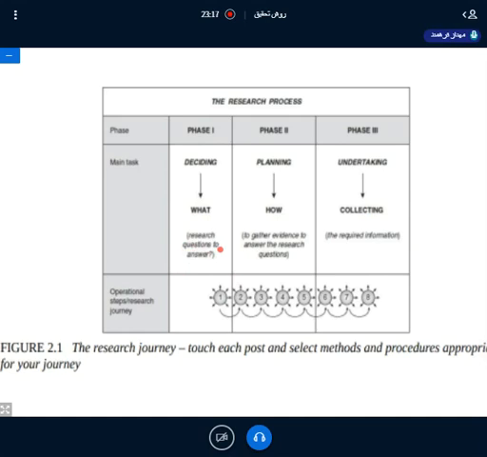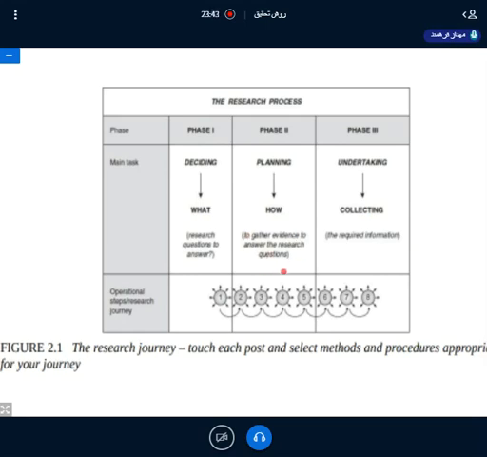And in phase 2, in the planning steps, we are going to study how we must do this research. So in deciding we have what, and in planning we have how to gather evidence to answer the research questions.